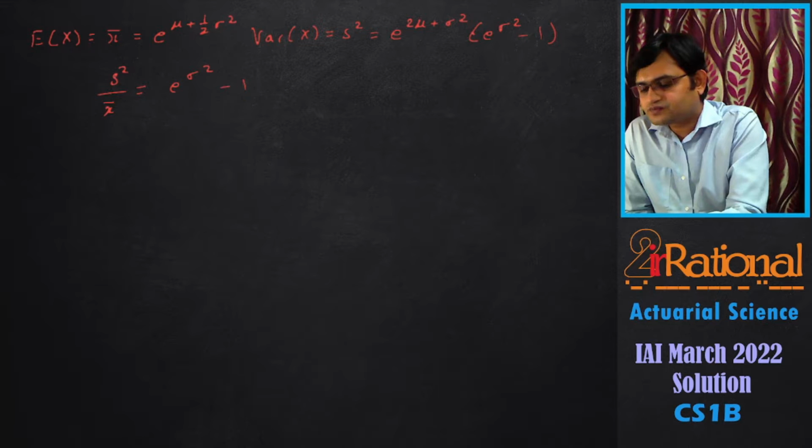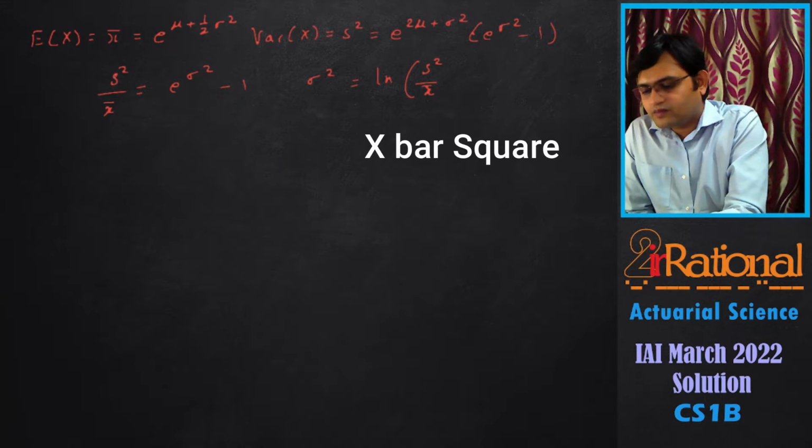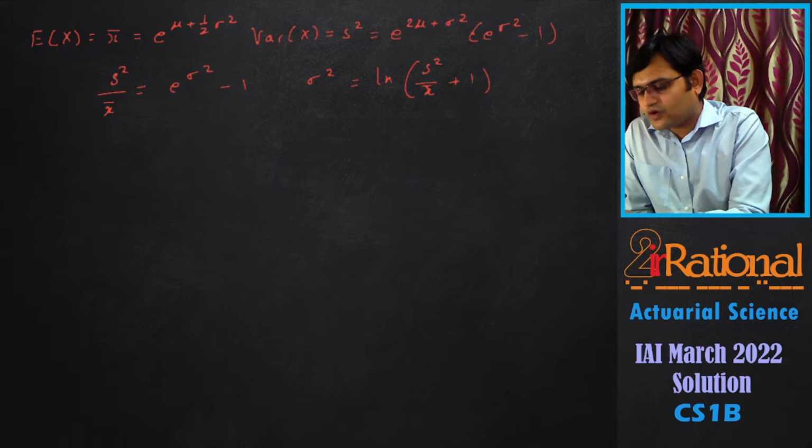So sigma square would be log of s square by x bar squared plus 1. We'll substitute that for our mu. So we'll get mu is equal to log of x bar minus half of sigma square.